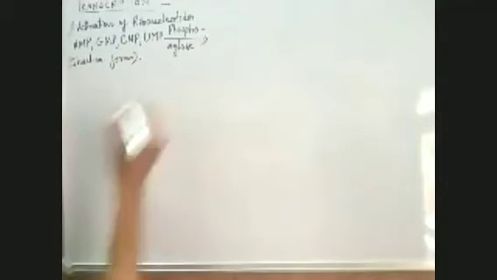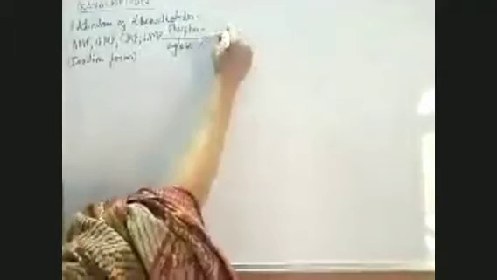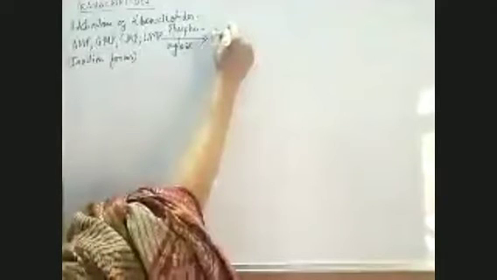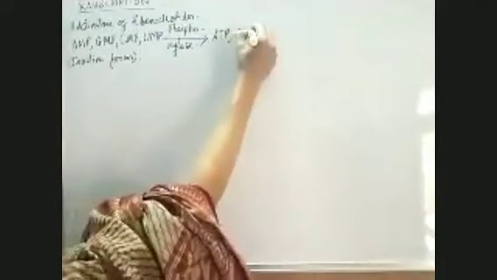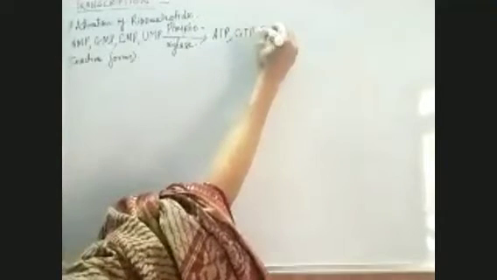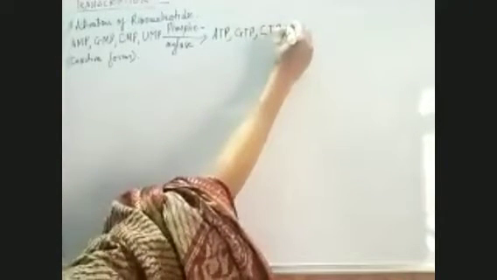These inactive forms of energy, in the presence of enzyme phosphorylase, get converted into active form, and that active form will be ATP, GTP, CTP, and the next one is UTP. So these are the active forms which are formed from the inactive form.